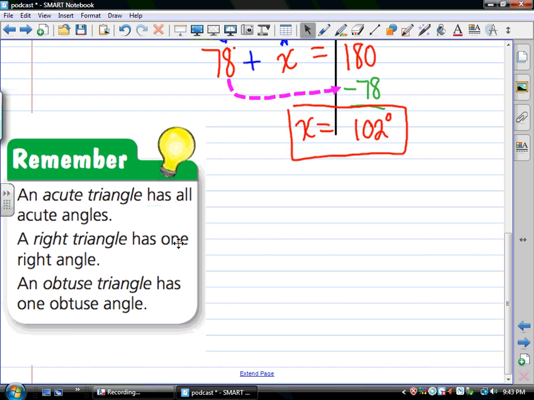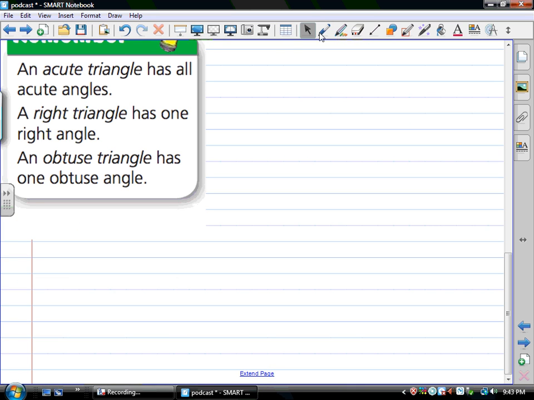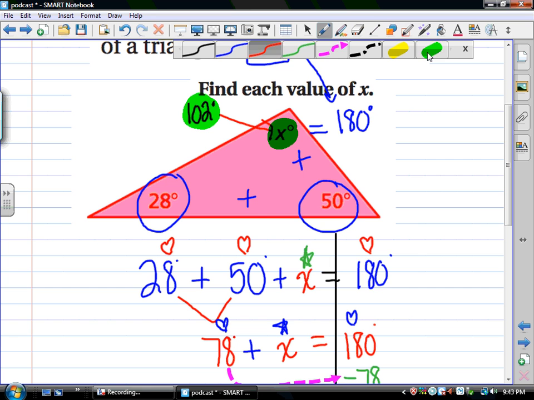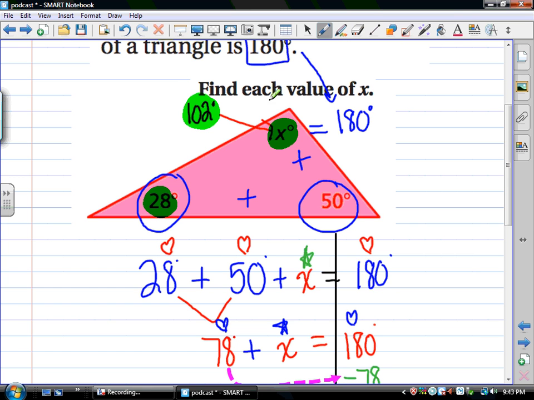This is a reminder that an acute triangle has all acute angles. A right triangle has one right angle, and an obtuse triangle has one obtuse angle. Let's go back and look at our triangle. We have 28 degrees. That is acute, so put the letter A. We have 50 degrees.